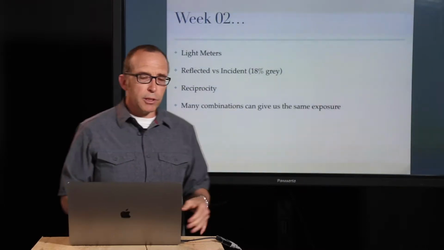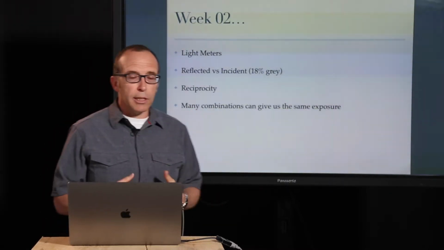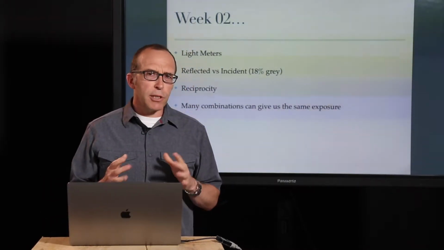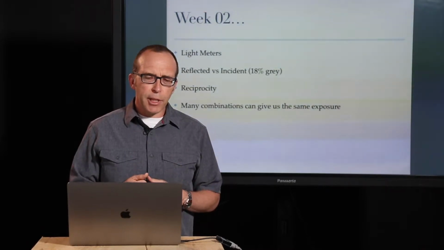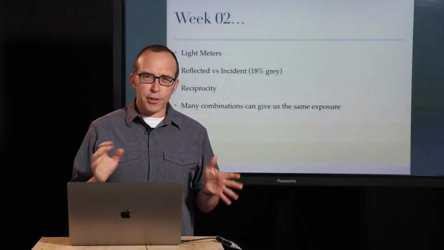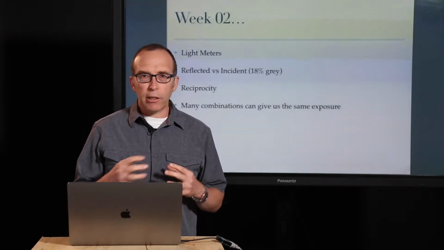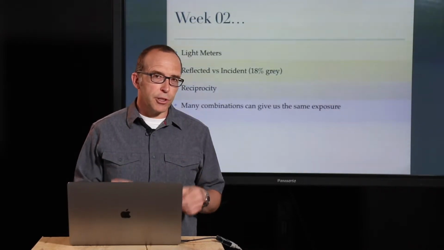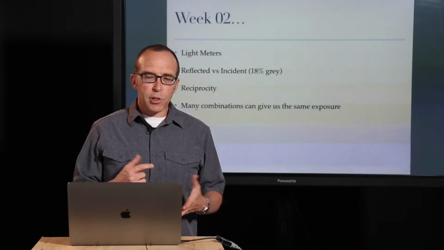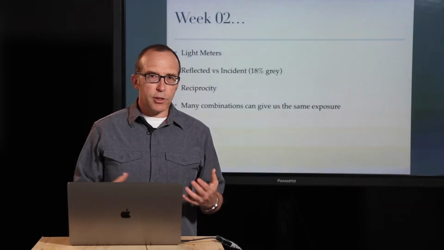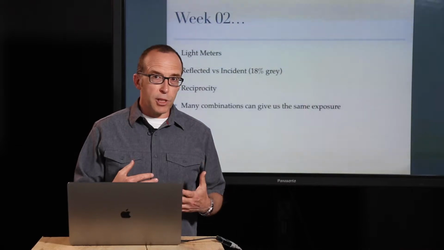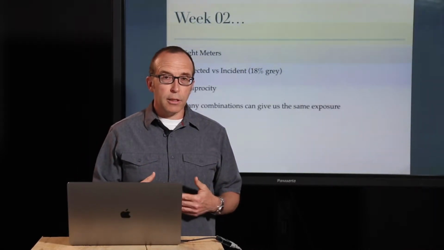Another thing we'll talk about is reciprocity. It sounds like a very serious word, and it kind of is. It's something that a lot of people find challenging, especially people who are new to photography. So we'll talk about that, and the sooner we can start understanding reciprocity, the better.